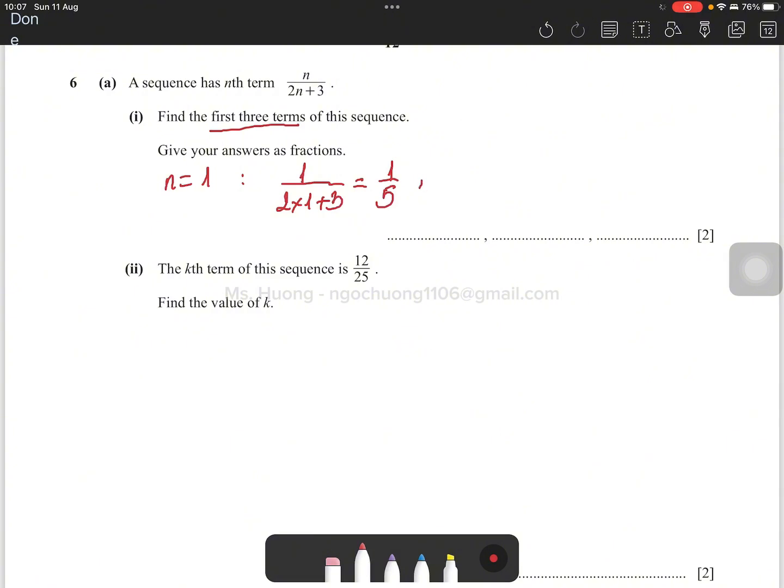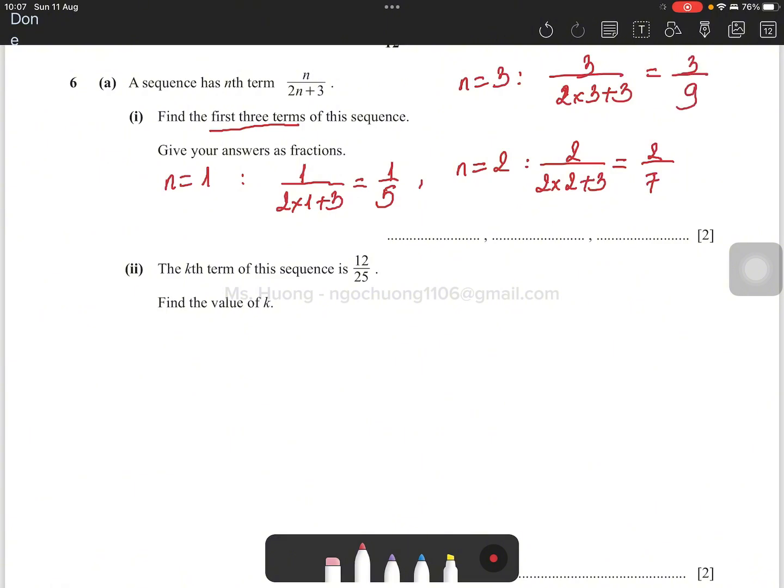And when n equals 2, then 2 over 2 times 2 plus 3 equals 2 over 4 plus 3 is 2 over 7. And finally, when n equals 3, then 3 over 2 times 3 plus 3 means 3 over 6 plus 3 is 3 over 9. So the first three terms are 1/5, 2 sevenths, and 3 ninths.